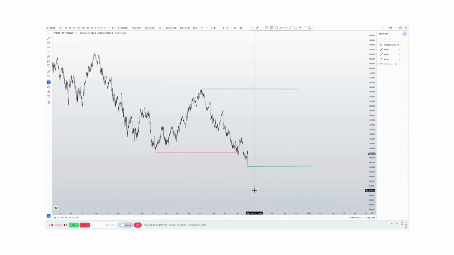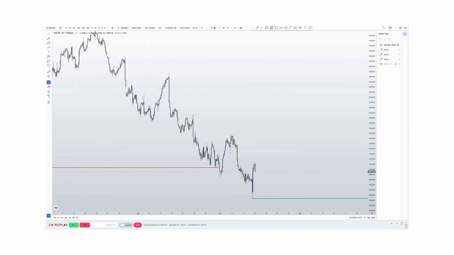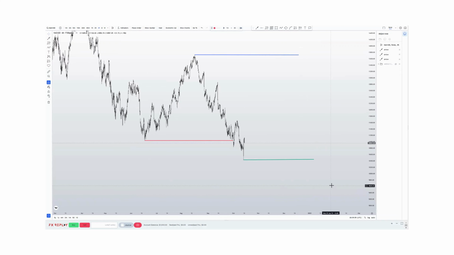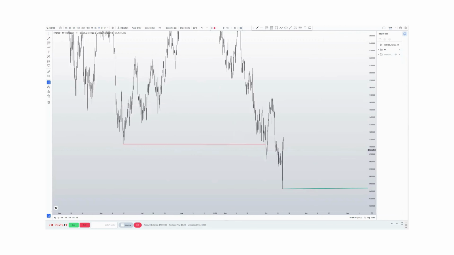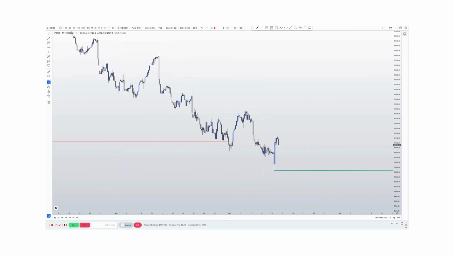So now when you look at the H4, we need to look at the internal structures of the H4. Why? We need to understand where the M15 swing structures are. Let's just group that. So on the H4, let's look at the internal structures. We have lower low, lower high, lower low, lower high, lower low, and then we had a higher high.